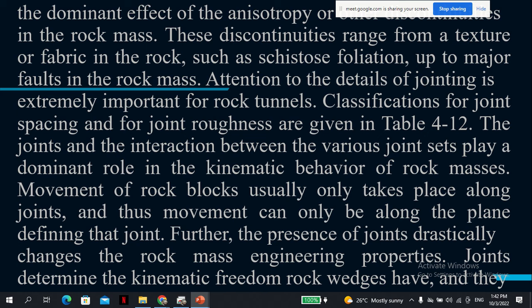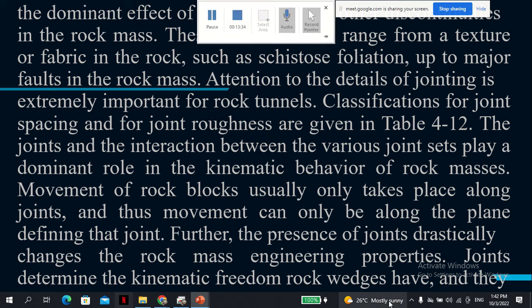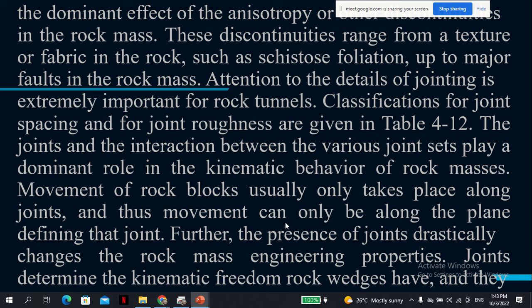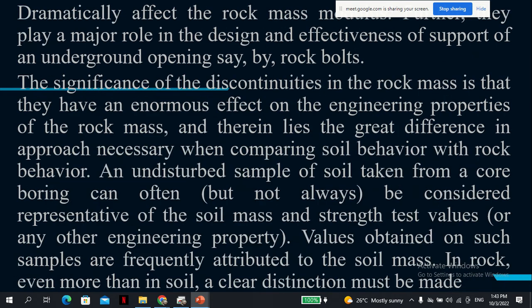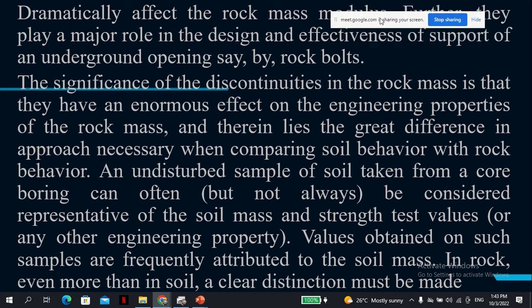So movement of rock blocks usually only takes place along joints, and thus movement can only be along the plane defining that joint. Further, the presence of joints drastically changes the rock mass's engineering properties. Joints determine the kinematic freedom rock wedges have, and they dramatically affect the rock mass behavior, rock mass modulus.